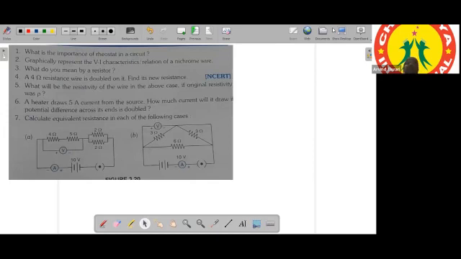Graphically represents the VI characteristics, that is the relation of a nichrome wire. So you just have to draw a VI graph. And we know that the shape of the VI graph is linear, so we get a linear graph. Then what do you mean by resistor?